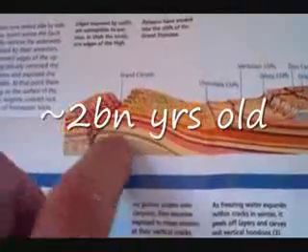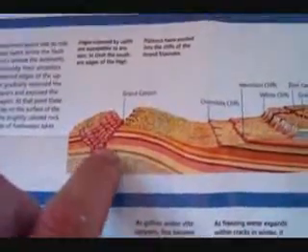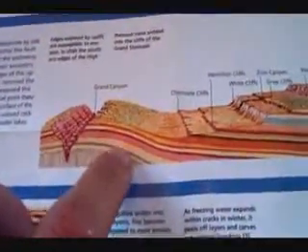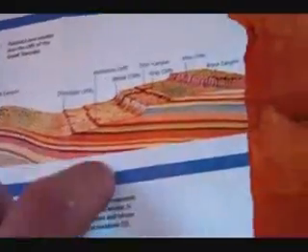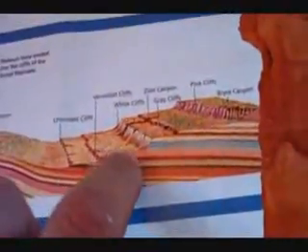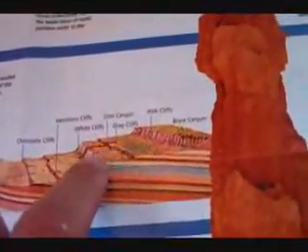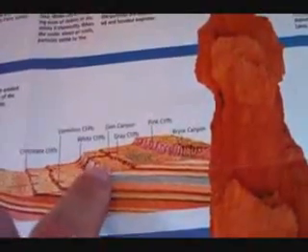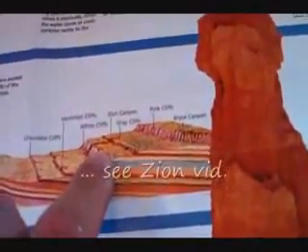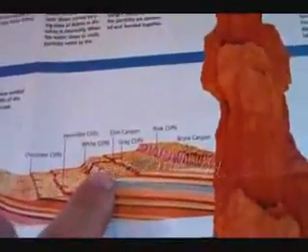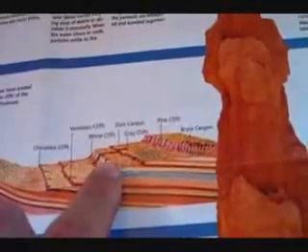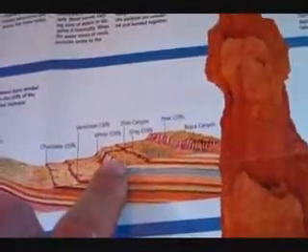Then you've got the Bright Angel Shale here, then all these layers up here. We're now back into this region here about 200 million years ago, which is when you get these huge sand dunes, about 50% of which is composed of stuff that has come from the Appalachian Mountains.